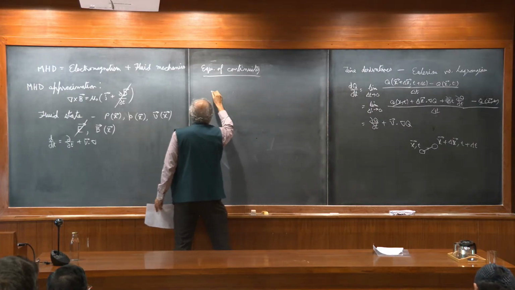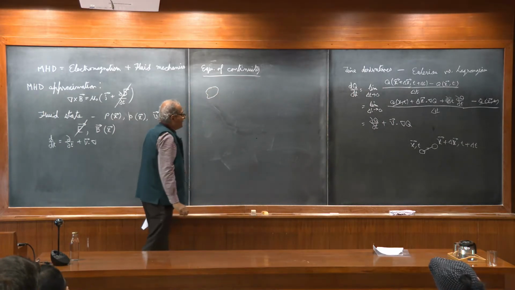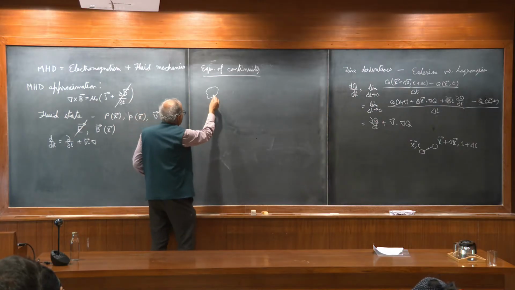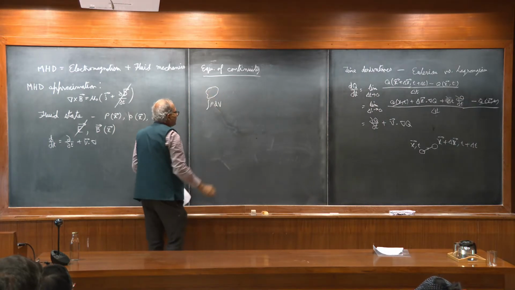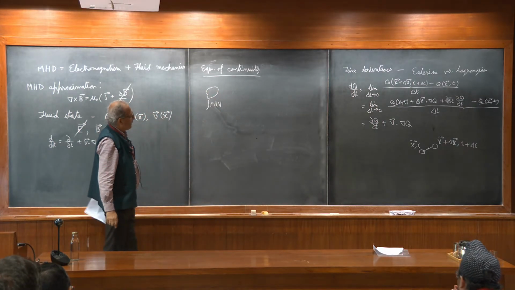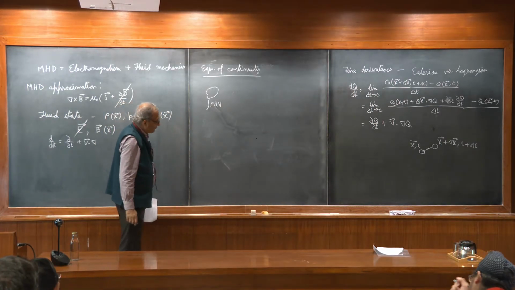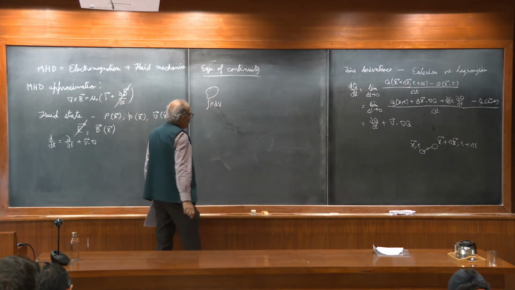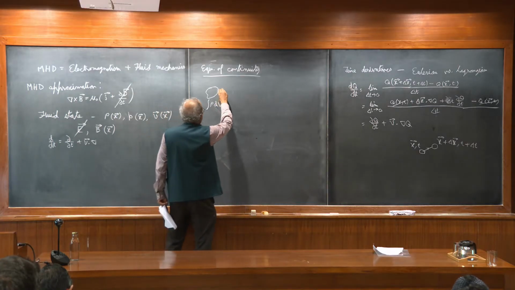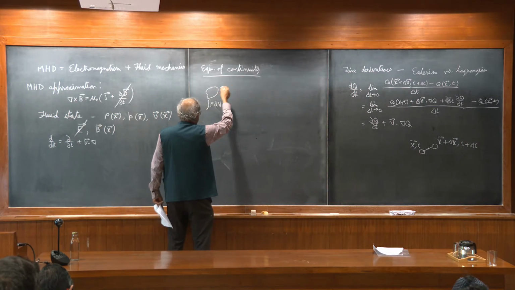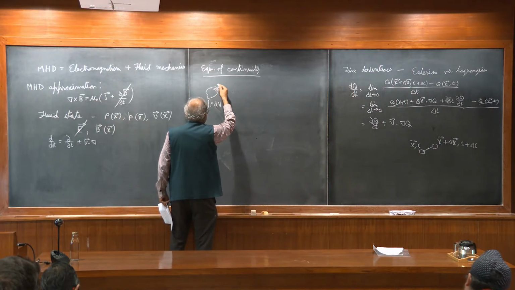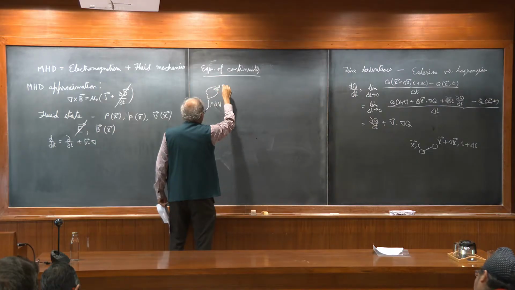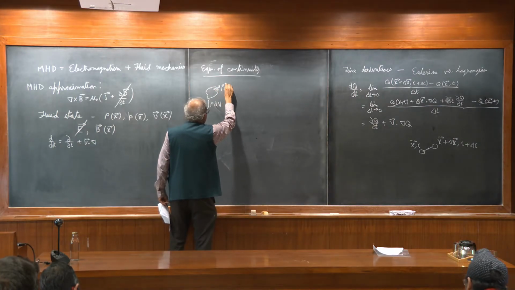Suppose you have some fluid inside this volume, and the mass of this fluid inside this volume would be the integral of rho dV, where dV is the volume element. This mass inside the volume can change only if there is some kind of mass flux into or out of the volume. Suppose you consider this region on the surface, and you can easily figure out that the outward mass flux would be given by this.